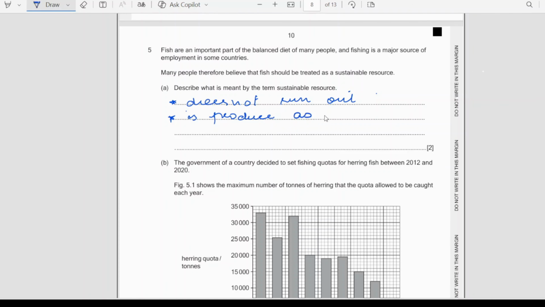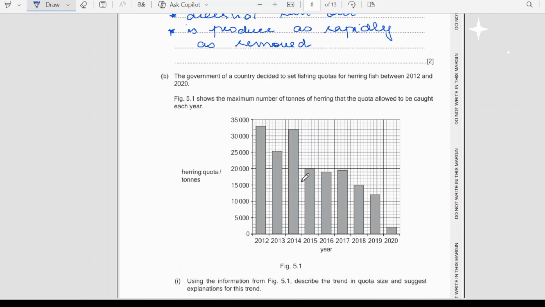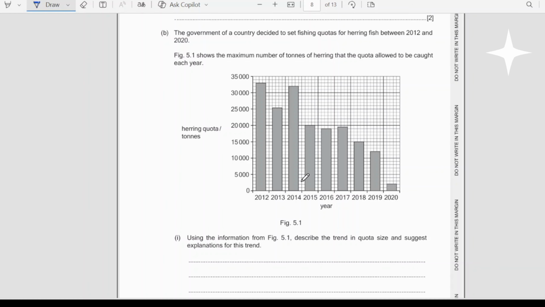Exactly, it is produced as rapidly as removed. It means the production rate and the removal rate should be the same. Now keep this in mind, they won't accept the other terms. They would accept these terms only.